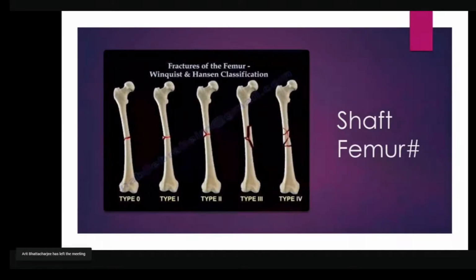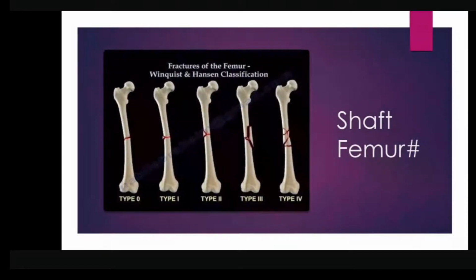Once you suspect a shaft femur fracture, you have to do resuscitation. I have always mentioned that it is ABCDE first, then general screening of the patient. What do you mean by general screening? Apart from any orthopedic treatment, you may have a polytrauma patient, you may have a splenic rupture, you may have multiple rib fractures with paradoxical breathing.